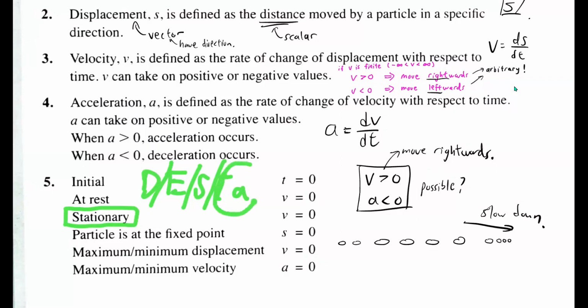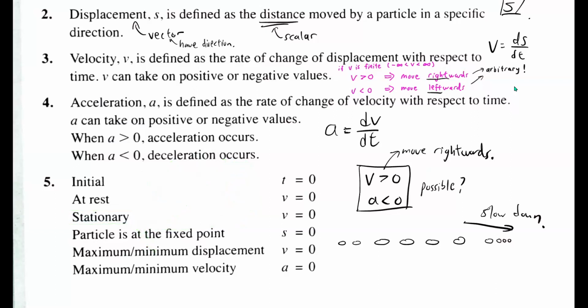In particular, the TA part. Table. Table to determine what? To determine max or min points, also known as what kind of points? Stationary points. That's where you heard of the word stationary, right? So why do they say that when it's stationary, you get v equal to 0?